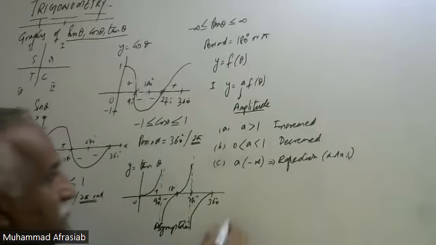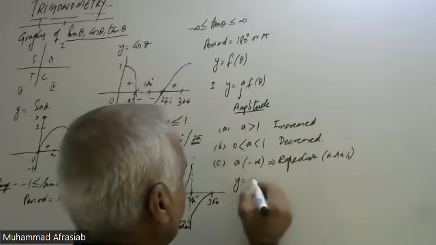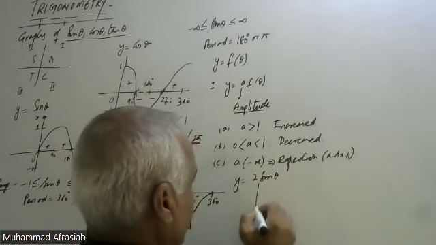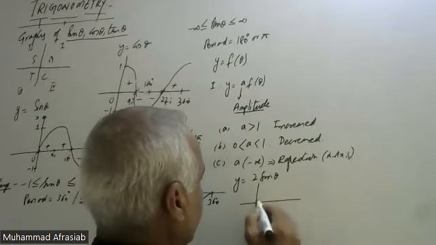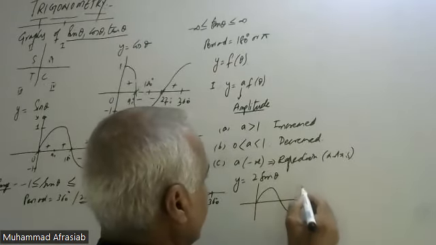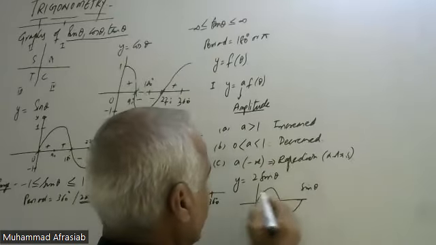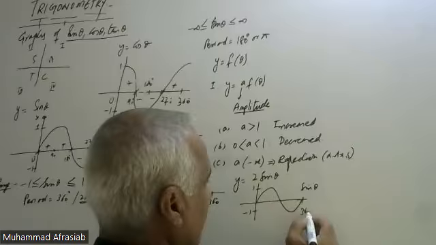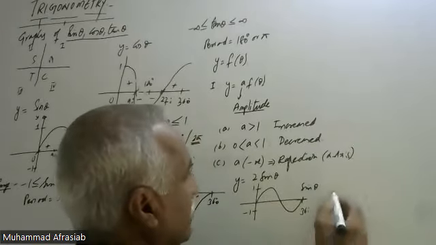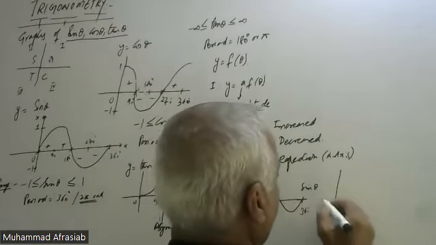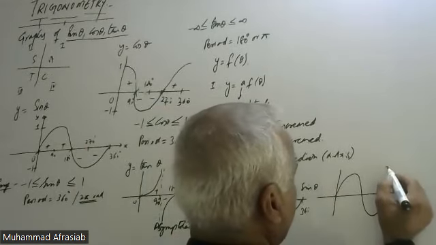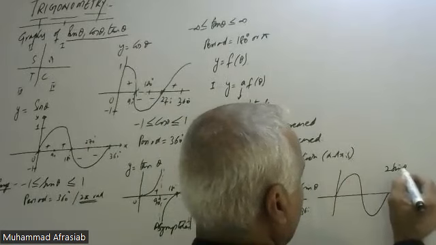For example, y equal to 2 sin theta. This is the graph of sin theta from 1 till minus 1 up till 360 degrees. So this will be the graph of 2 sin theta.